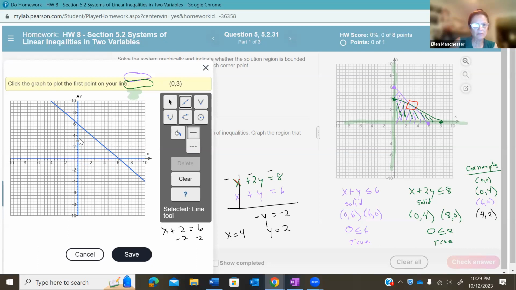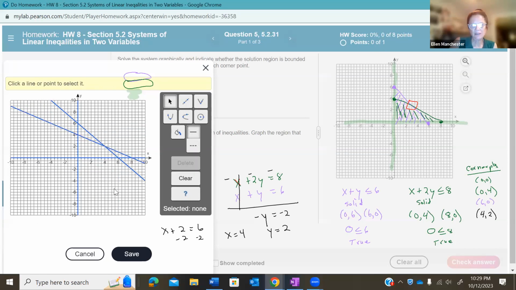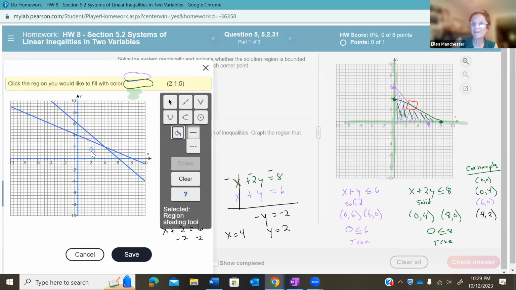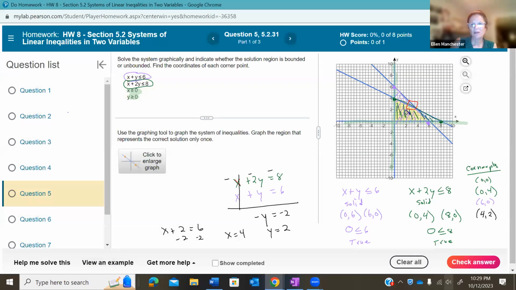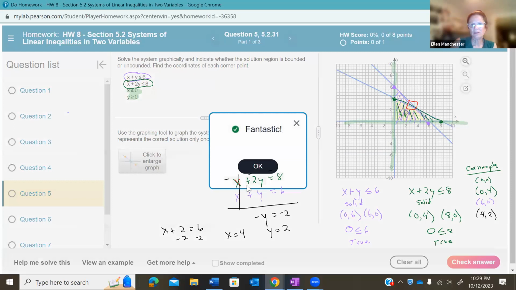I have 0, 4, click, 8, 0, click, click again. Now I pick up my paint can. Because I've already done this, I've already seen where it's double shaded. I pick up the can, I place it where it's going to double shade, and I'm good to go. I hit save, I hit check answer, and it's fantastic.